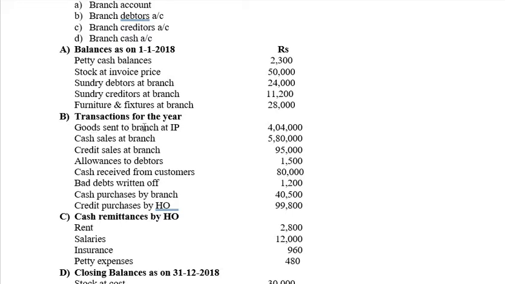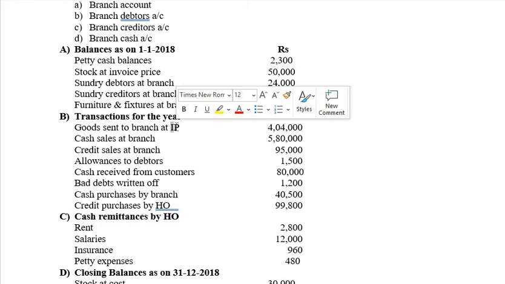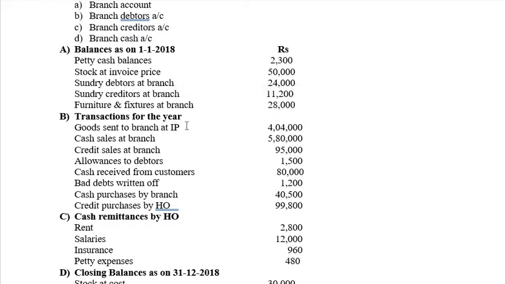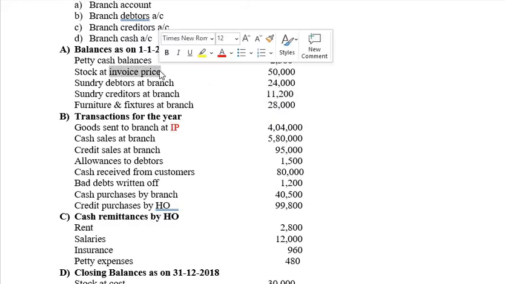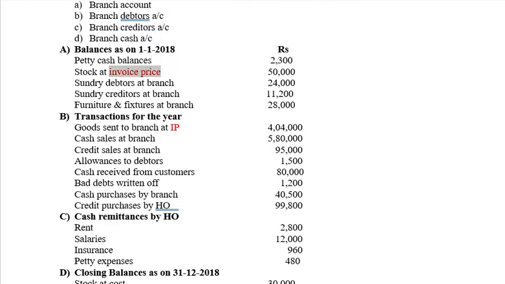After furniture and fixture, the next is transactions during the year. Now goods sent to branch at IP. Again, you will have to calculate loading for stock as well as for goods sent, since it is in case of IP. I will put this in red so that you remember it later on. You need not do this when you're calculating, but just to make you remember that since it is in case of IP, you will have to give loading for this transaction as well as for stock.